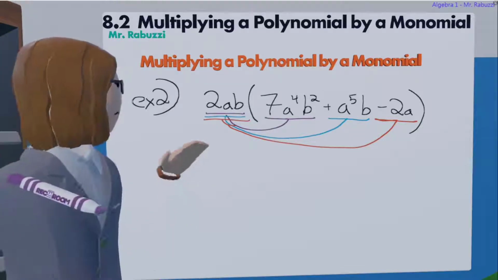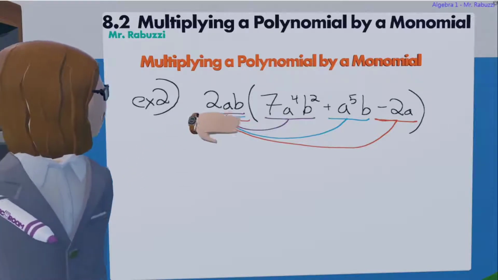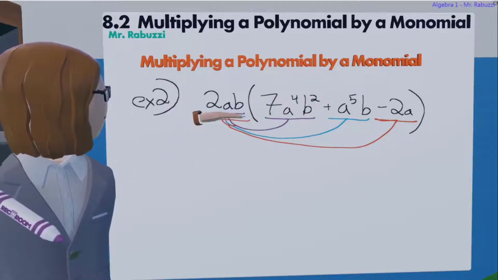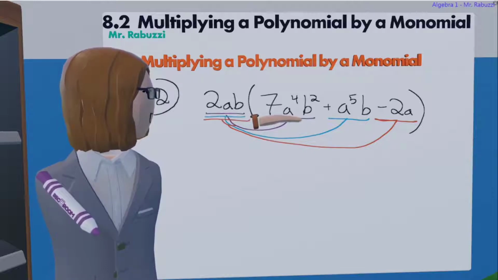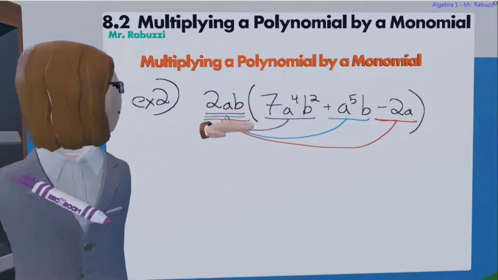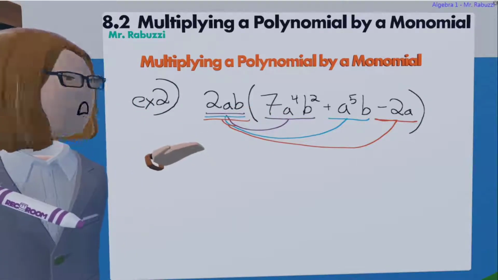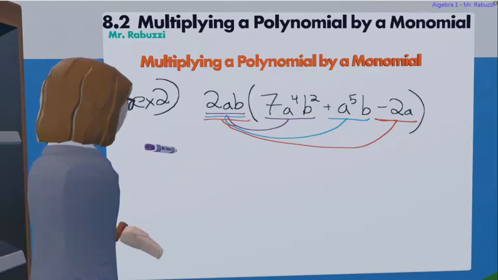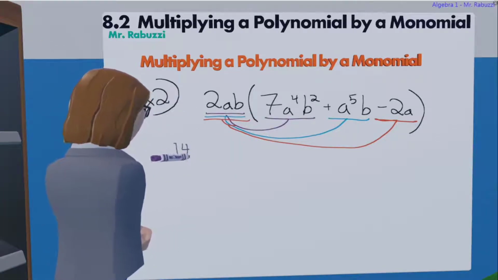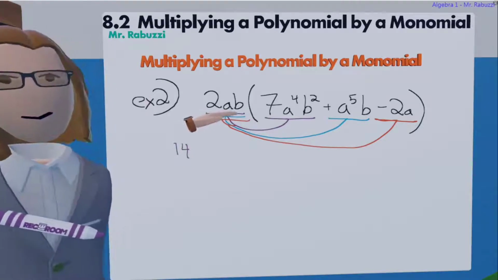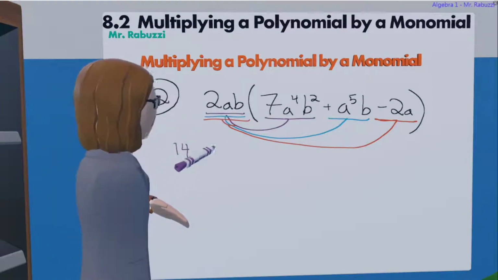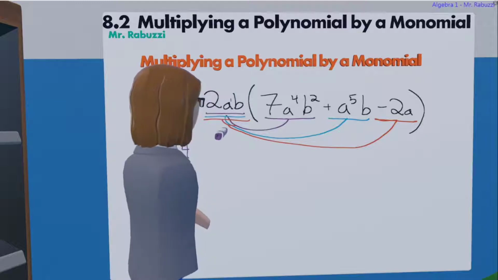Okay, let's try our multiplication. It looks scary. This one has lots of a's and b's, but we'll go step by step. So purple line, 2 times 7. Right, we always start with our coefficients if we can find them. 2 times 7 is 14. Next, a, well that a, remember, that a has an invisible 1 exponent.